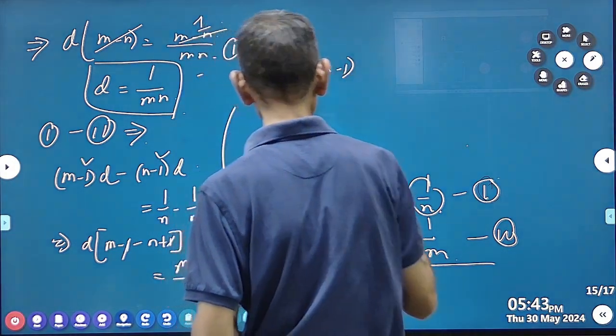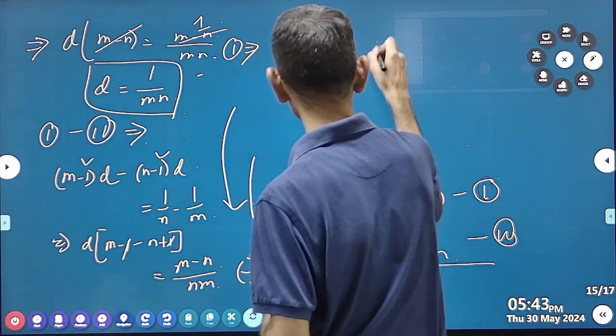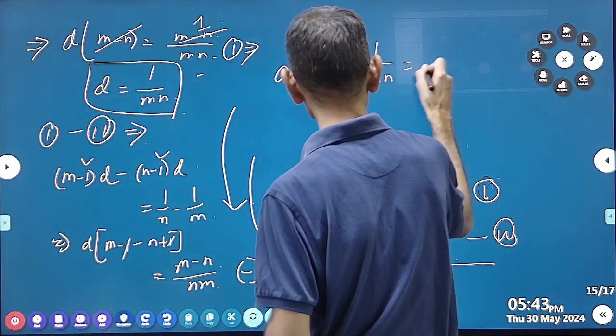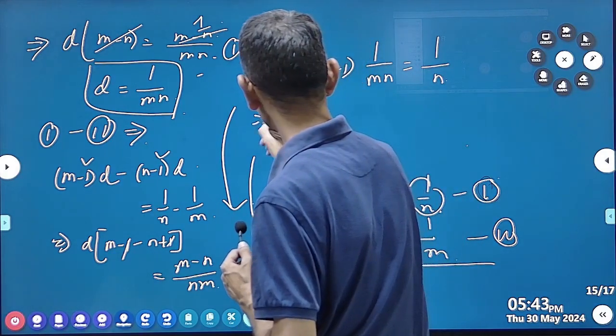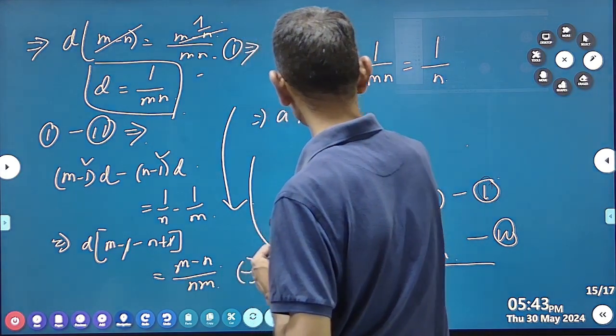Now we got the value of d. The value of d is 1 by mn. Then this implies a. So now we'll be multiplying this one.